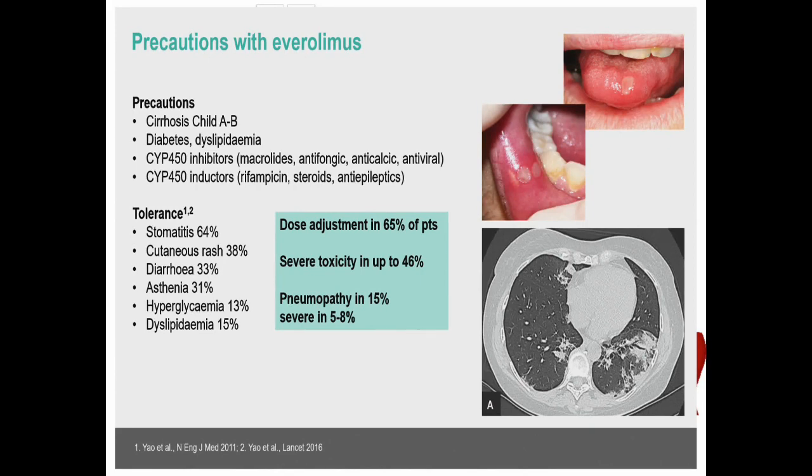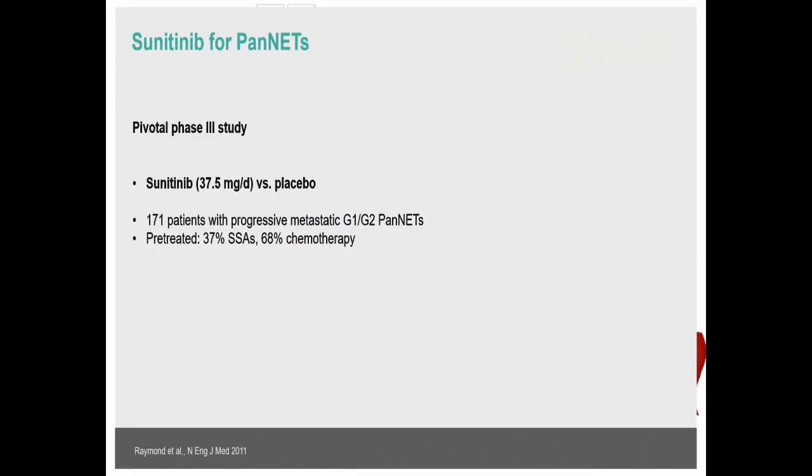So, some efficacy, but limited, and some problems which make the patient, let's say, in less good general condition. And of course, patients whose disease is in good general condition do not like a drug that puts them in a state with some asthenia or stomatitis.